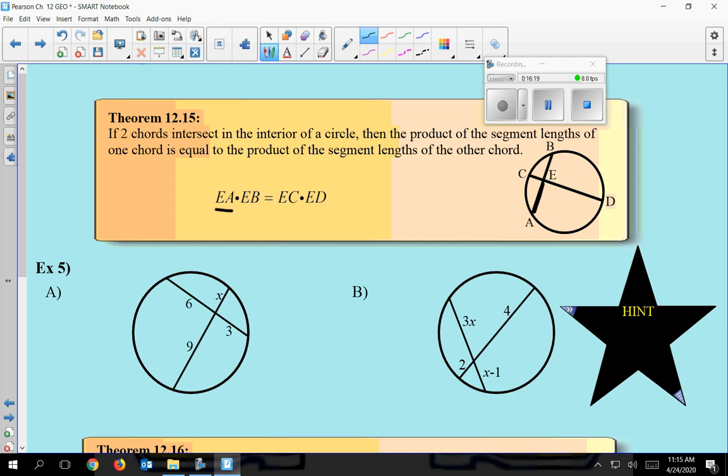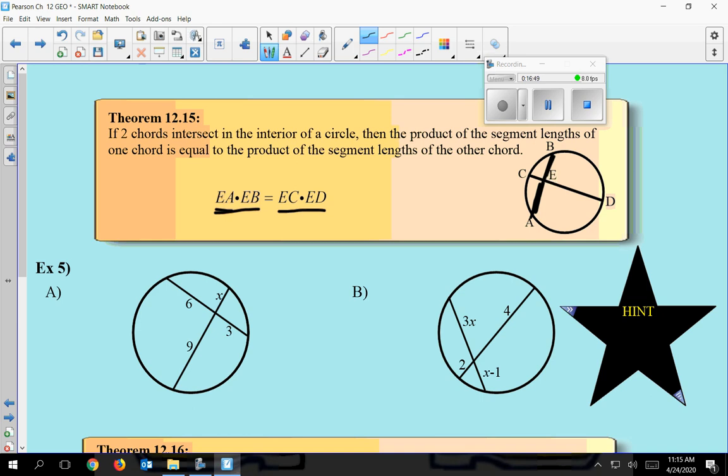EA is part of this chord that's really AB, okay? If I take whatever that length is and multiply it by its other part, in this case EB, I can set it equal to the product of the pieces of the other chord that it's intersecting, okay? So you're taking pieces of chords, multiplying them, and getting them equal. It's a ratio thing too. You could set up a ratio on this and do it that way too.